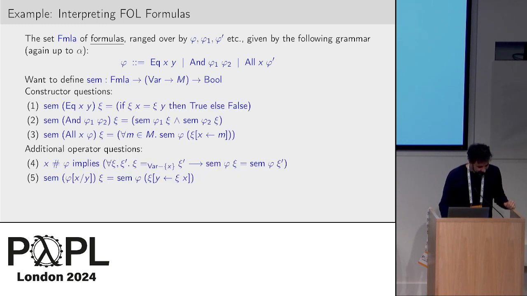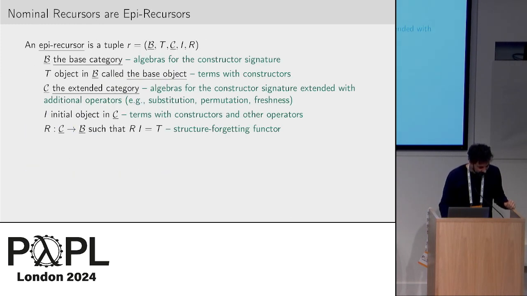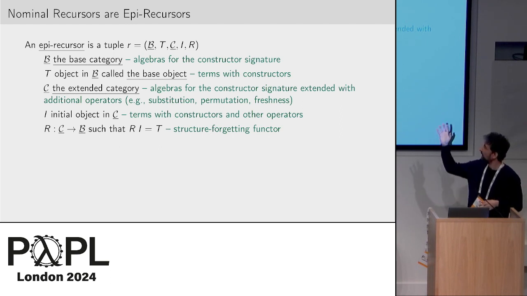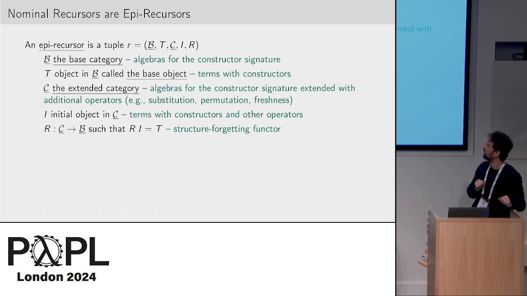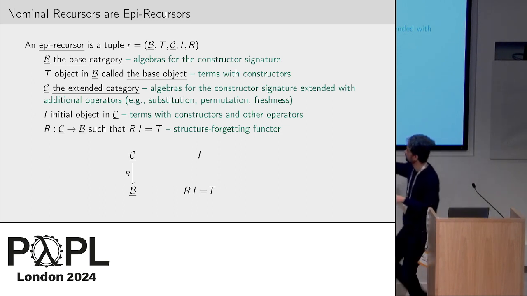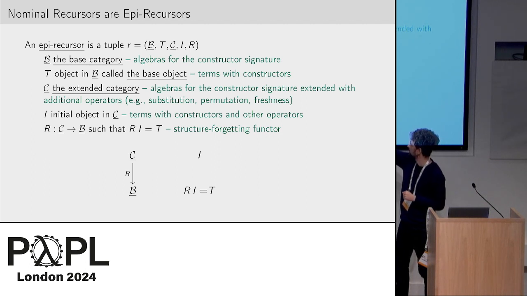Okay, so let me skip to this other example, and let me just give an abstract view of what's happening here with nominal recursion. So this is the concept of an epi-recursor, which subsumes the nominal recursive example that I gave. So we have a base category and an extended category, and we can look at this diagram and not necessarily consider the rest.